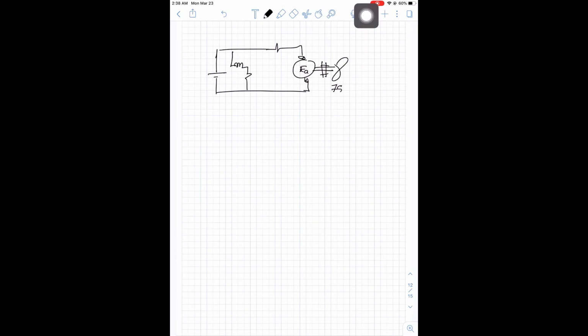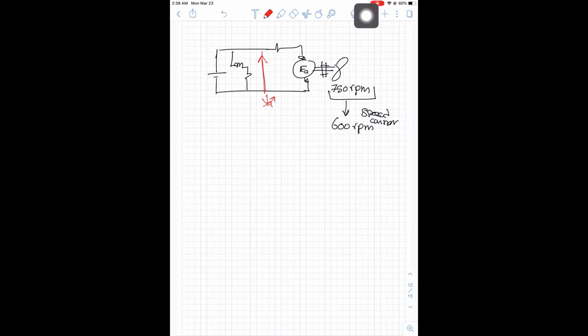This fan was running at 750 RPM, and we needed to take the speed down to 600 RPM, and this is called speed control. So how did we do this speed control? We did it by changing the voltage V armature. How we will do this change, we will learn in our speed control lecture.